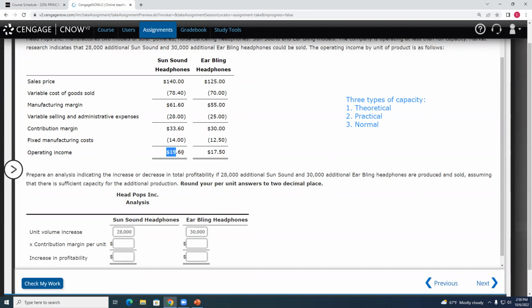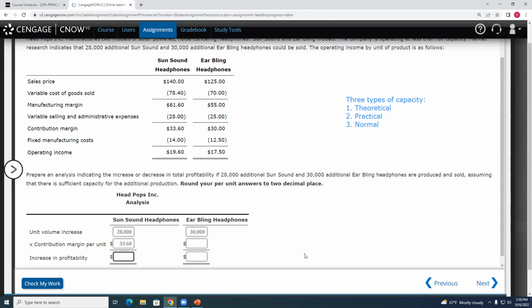How do I know that? Because we have an operating income. Our fixed costs are completely covered. So every additional unit of Sun Sound headphones that we produce is going to contribute $33.60 per unit.